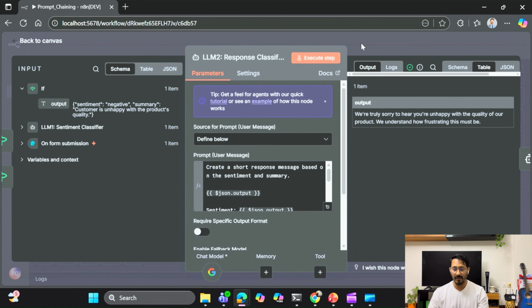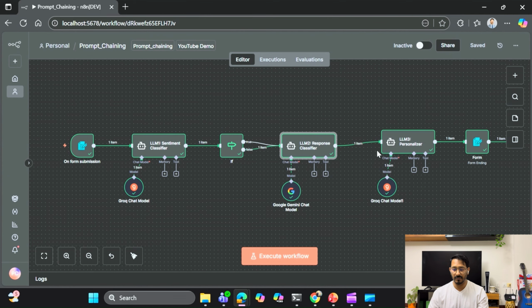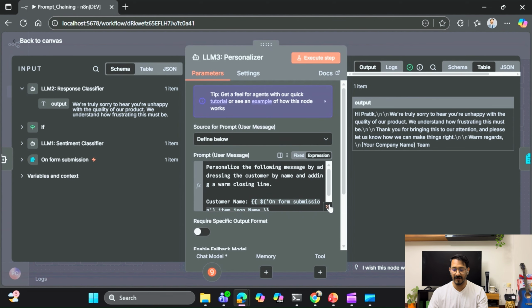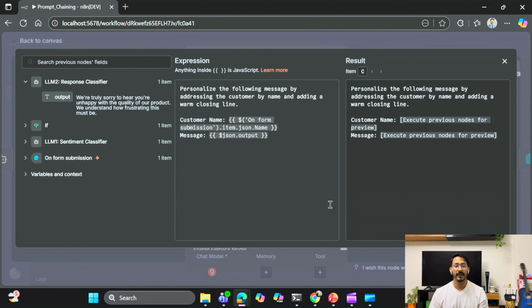And now we go to LLM3 for the personalized message. It's a personalizer. I'm saying, with the tonality that you have created in the responses, create a personalized follow-up message, take the name, and then give the message in the response.